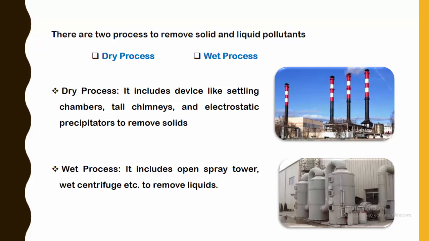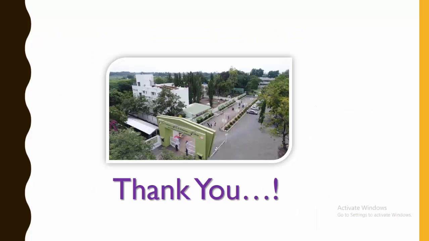The liquids are passed through the centrifuge and then removed outside. So the dry process is used for solid pollutants and the wet process for liquid pollutants. With these processes, up to a certain extent, we can control the pollution.